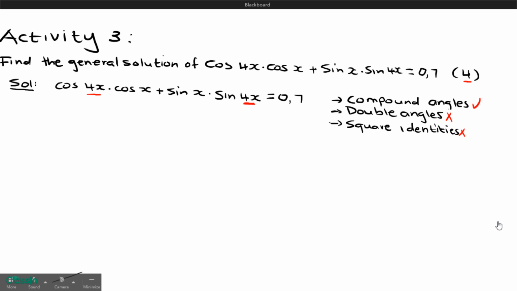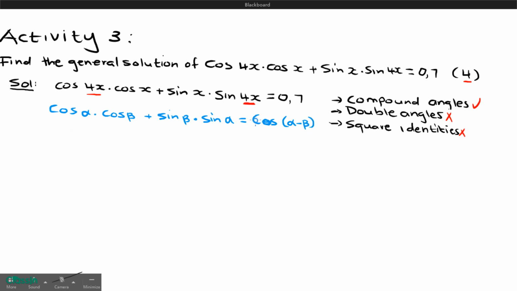We should remember that the formula sheet says cos alpha multiplied by cos beta plus sin beta multiplied by sin alpha is the same as cos of alpha minus beta.